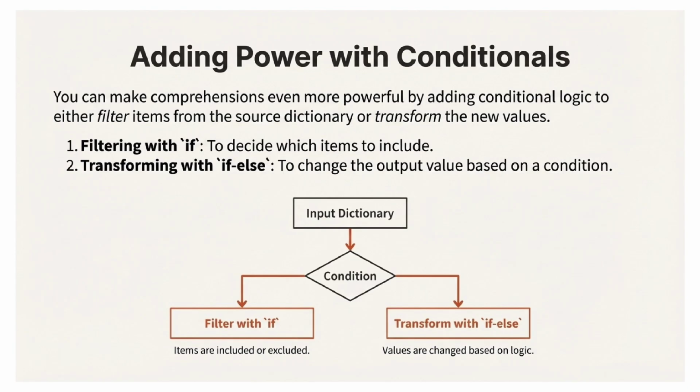If it is false, the item is removed. Second, transforming with if-else. Here, all items are included, but values are changed based on a condition. The flow diagram shows this clearly. We start with an input dictionary, apply a condition, and then either filter it with an if statement or transform values using if-else.